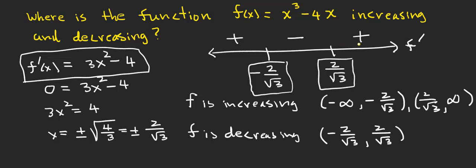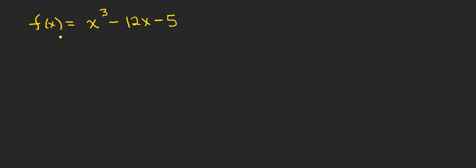Now let's take a look at f of x equals x cubed minus 12x minus 5. In order to find local extreme values, or when f is increasing and decreasing, we need to find critical points. To do that, we've got to find the first derivative and find out when it is equal to 0 or undefined.